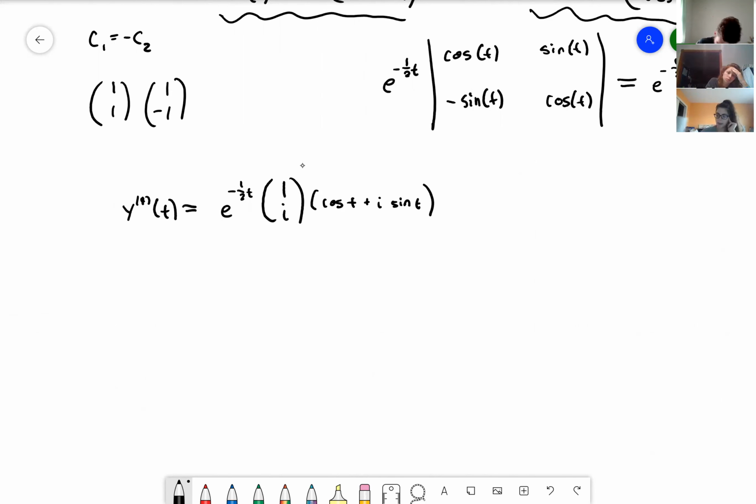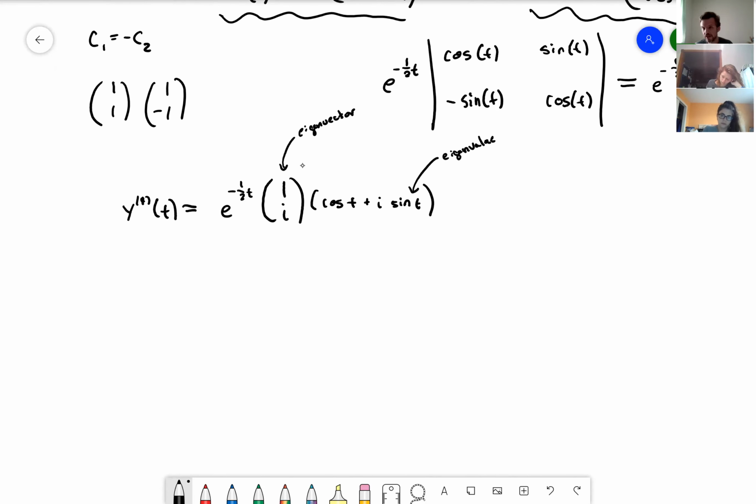This is our eigenvector, and then the input to sine here will be our eigenvalue, right?